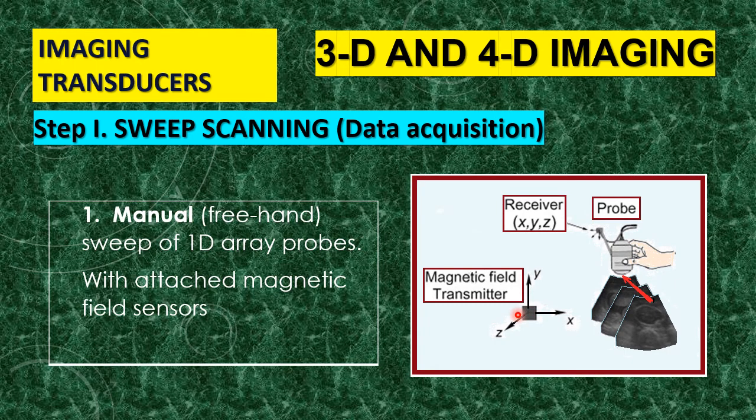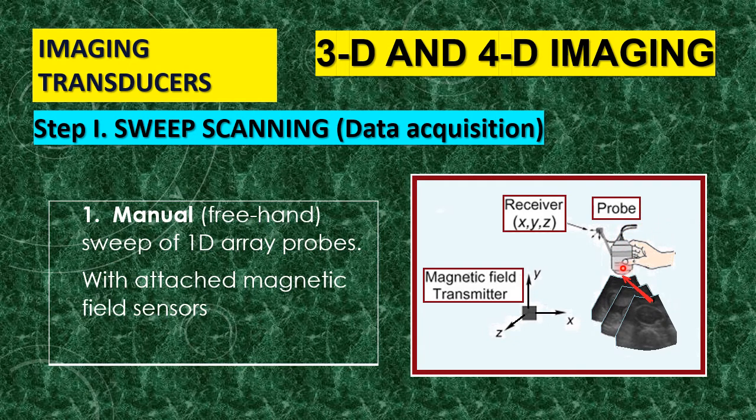This magnetic field, of course, is three-dimensional, so we have X, Y, and Z. This field is sensed by the receiver, and the receiver is connected with a wire that hooks to the machine.